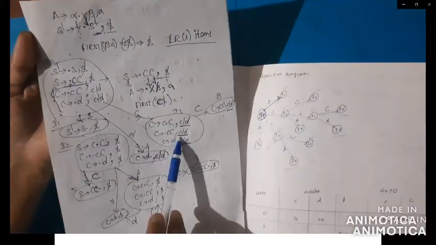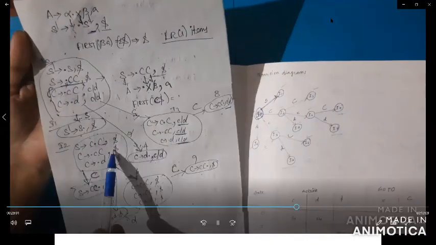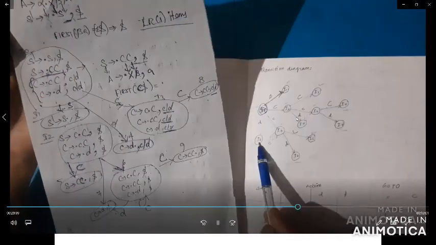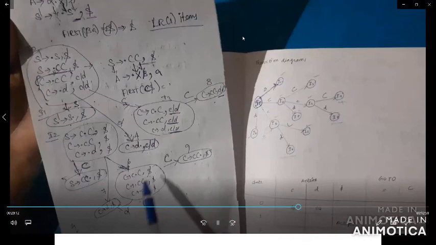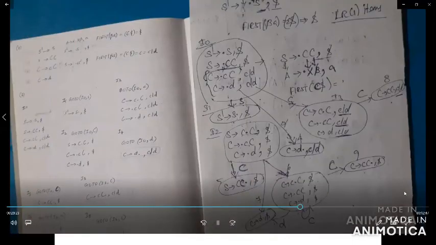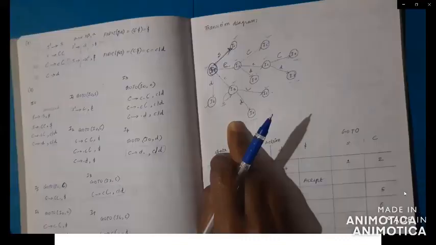Then I naught to I2, I naught to I4, I naught to I4 on D. Similarly, based on the construction, we have to do for the given grammar. So I naught to I2 on capital C. Based on the LR(0) items and LR(1) items, we got to draw the transition diagram.